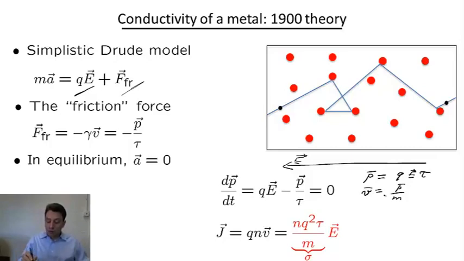If we put everything together, we get this expression: a coefficient, which is called conductivity, times the electric field. By definition, the conductivity is the coefficient of proportionality between the current and the electric field. And this expression, n q squared tau over m, is the so-called Drude conductivity, which, as you can see, is a purely classical entity. There is no quantum mechanics here whatsoever.